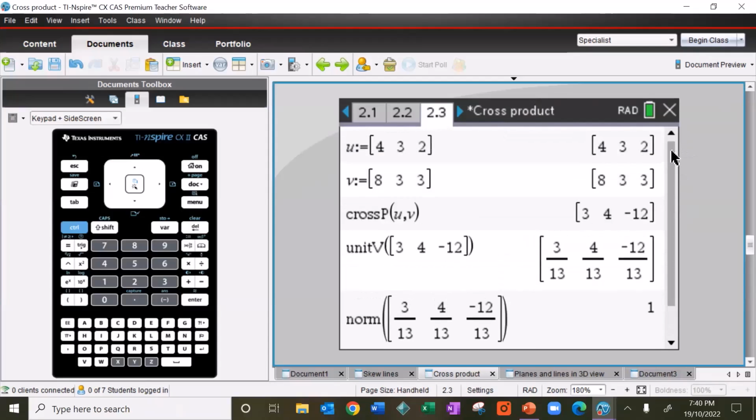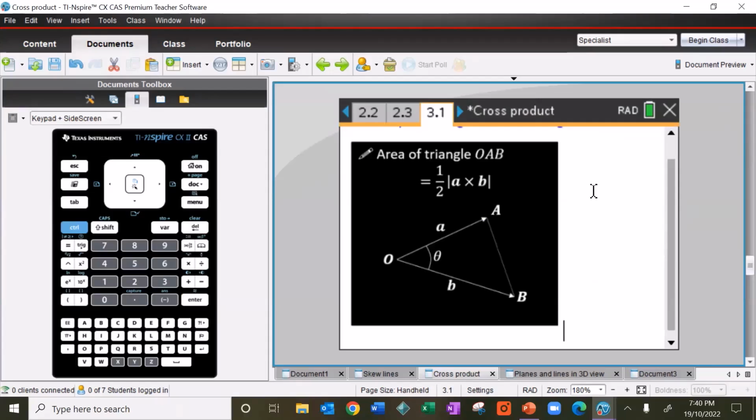So these are just some basic applications of the cross product, unit vector, norm, and similar concepts. So the cross product has an application to find the area of a parallelogram or area of triangle. By definition, it is AB sine of the angle, so it nicely links to the area of the triangle, which is half.